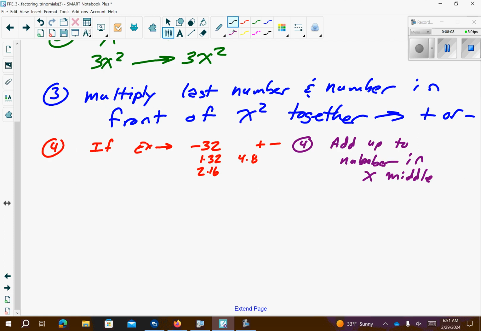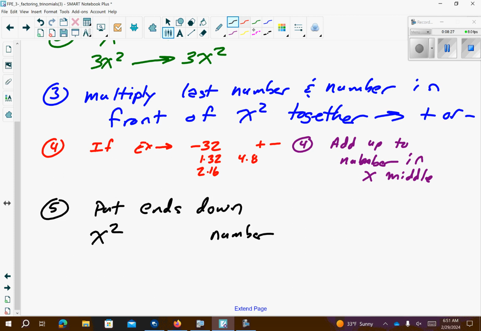Then our fifth step would be to put the ends down. So you have the x squared term and then the number at the end, and then fill in the plus or minus, or the plus plus, or the minus minus in the middle.